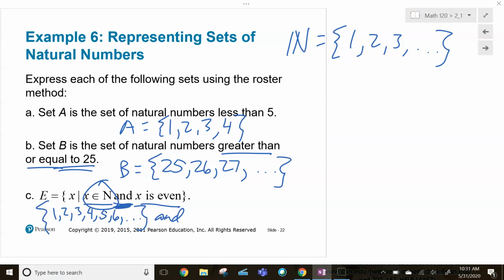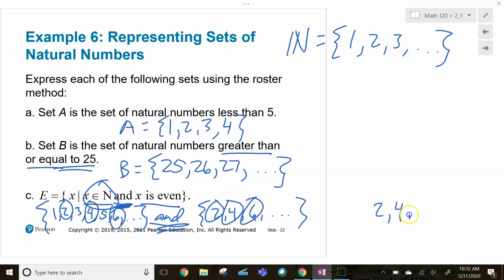And so this means intersection of. And it's got to be even. Well, here's our evens, right? 2, 4, 6, 8, keeps going. So intersection means it's got to be in both. So 2's in both. Obviously 4's in both. 6 is in both. And it keeps going. So the overall set, you just list, it's a natural number and it's even.